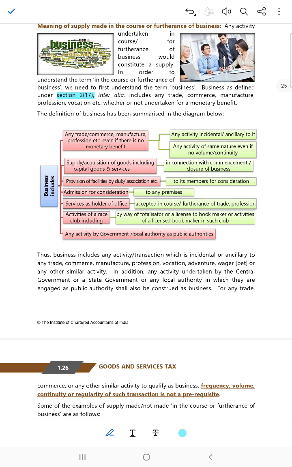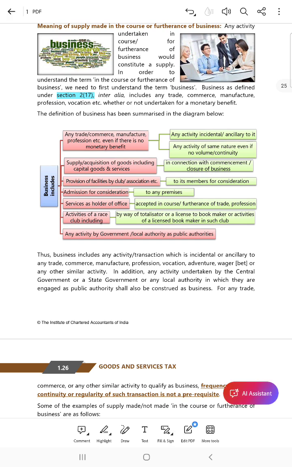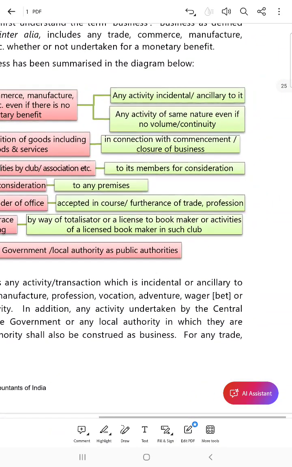Even if there is no monetary benefit, any activity which is incidental or ancillary to trade, commerce, manufacture, or profession, or any activity of the same nature, even with no volume or continuity, is included. And this is important. What does it mean, no volume or continuity?